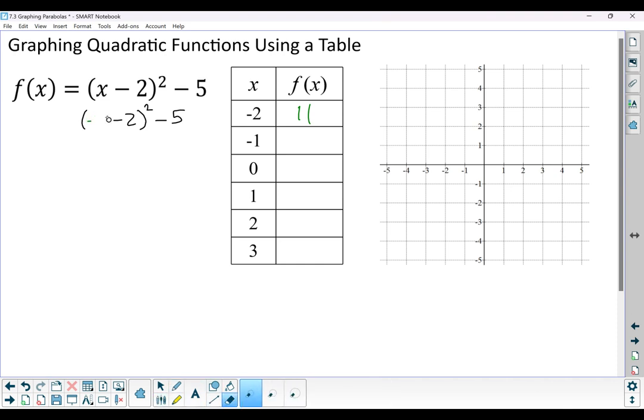So our first y value is 11. And then you'll sub in a -1, and so forth.